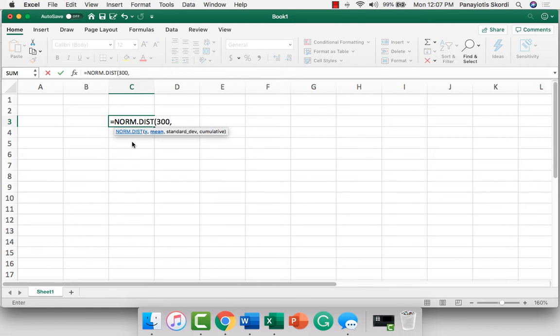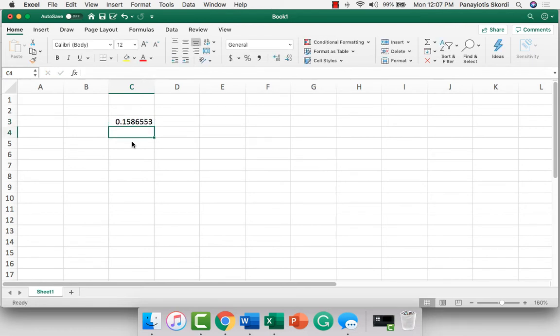The mean we said was 320, standard deviation is 20, and as always 1 or true, and that gives us a value of 15.86. We could change that into a percentage by pressing the percentage key, and add a couple of decimal places. So that's one way of doing it using NORM.DIST.